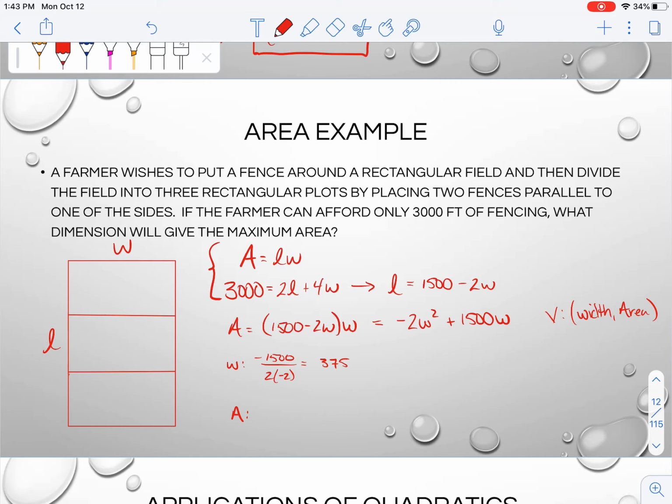The area dimension then is going to be negative 2 times 375 squared plus 1,500 times 375. So if I plug this into my calculator, negative 2 times 375 squared plus 1,500 times 375, I'm going to get an area of 281,250 feet.